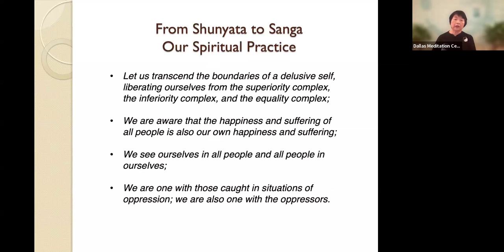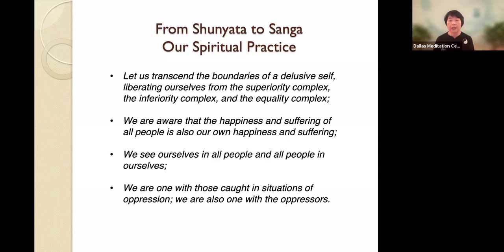So here is what we always say, recite. Help us to say, let us transcend boundaries of delusive self, liberating ourselves from the superiority complex, inferiority complex, and equality complex.